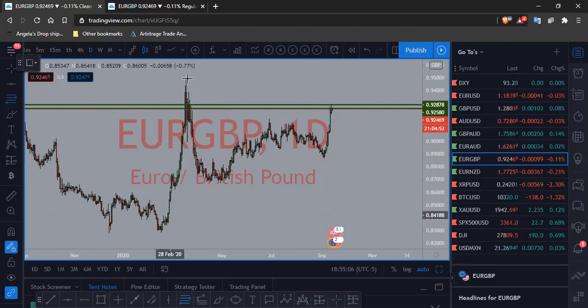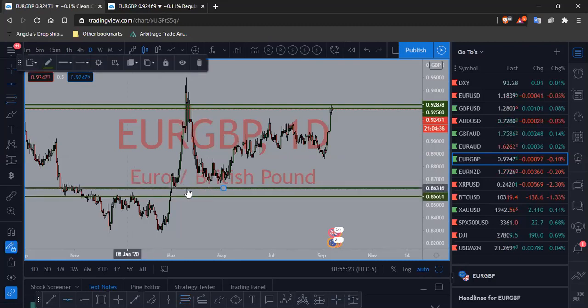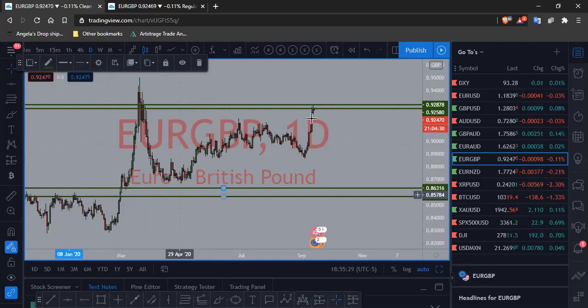The major thing I like seeing about this impulsive move right here and then this impulsive move is that it broke structures. I don't know if you guys can see that it broke this structure on the daily time frame and also broke this whole structure right here. It broke this structure, retested it, then went bullish again. So that's what I like about this, and I'm comparing it to this one right here because you can see as well, well, let me not use that one. This, you can see that it broke this structure as well.